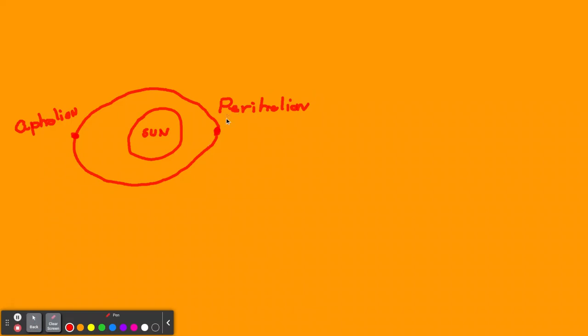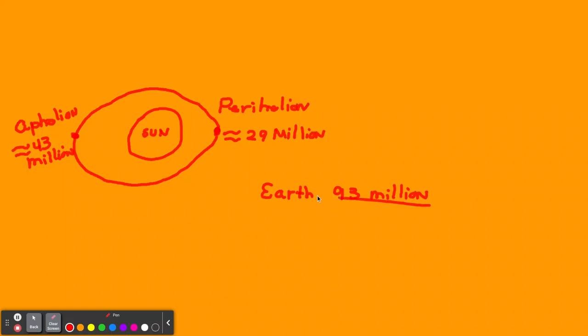By the way, we're looking at the closest point of around 29 million miles to the sun, and the furthest point about 43 million miles. On Earth, remember, we're 93 million miles on average away from the sun.